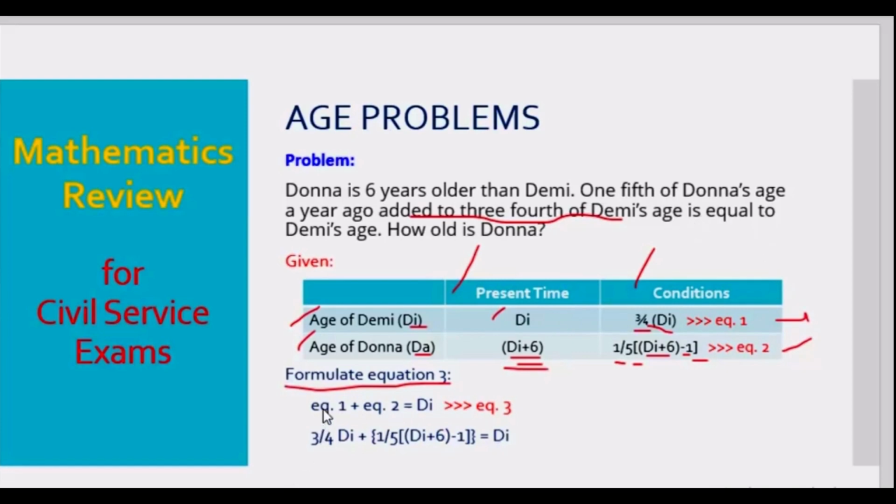So equation 3 is equation 1 plus equation 2 equals Demi's age, which is D. So let's just apply the values. Equation 1 is 3/4 of D. Equation 2, which is the complicated one with many brackets, is equal to the age of Demi. So that is the equation.